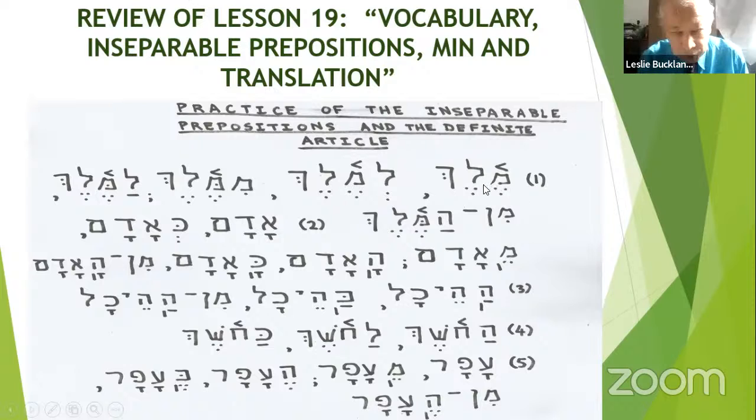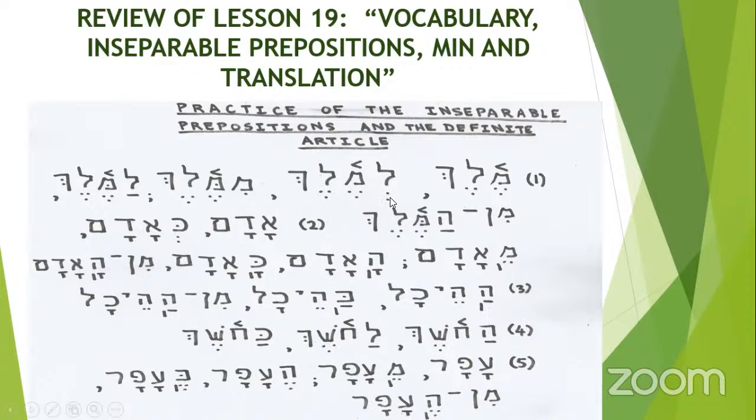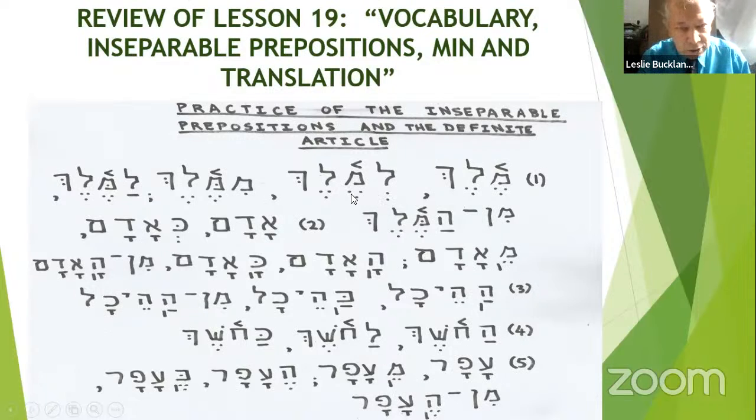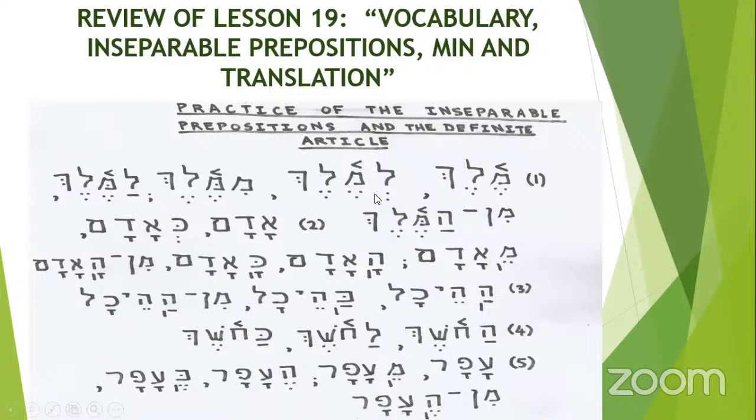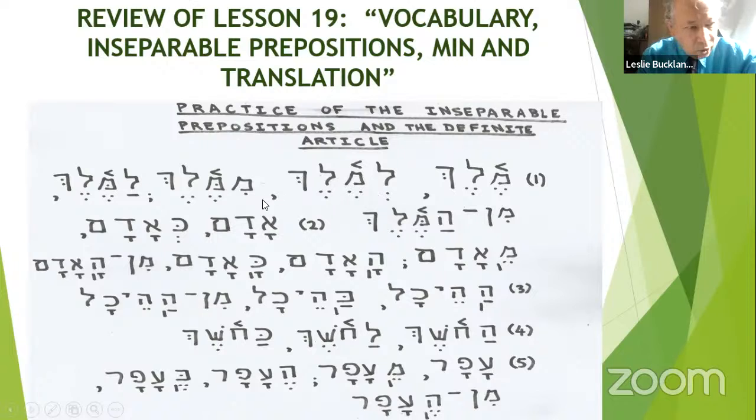King. That's correct. Okay, let me give you a little break. Brother Roy, pronounce this word for me. Lemelek. Correct. So how would you translate this for us into English? To a king. To a king, correct.